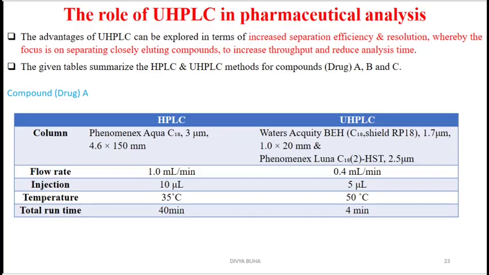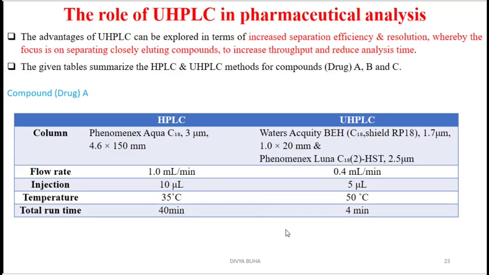Because in the chromatogram for the HPLC technique, closely eluting compounds' peaks would be close enough that they might overlap with each other. Okay, and we don't want the peaks to overlap with each other at the base. So with the help of UHPLC, separation of closely eluting compounds is easier and it is more preferred as compared to conventional HPLC technique.